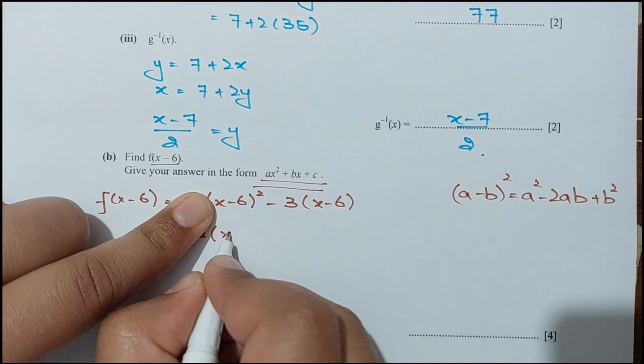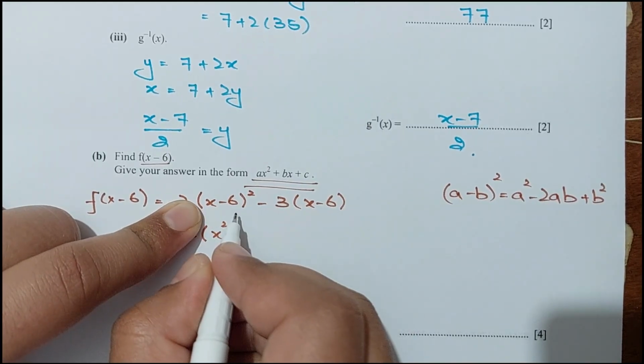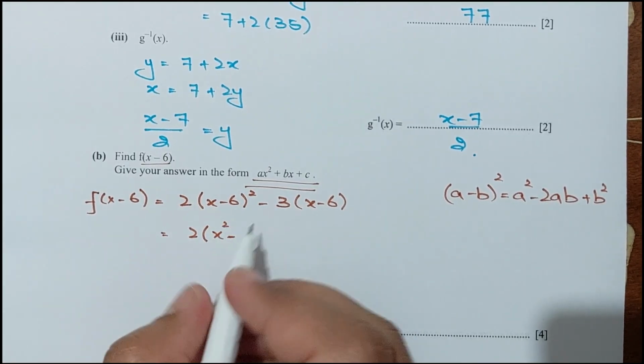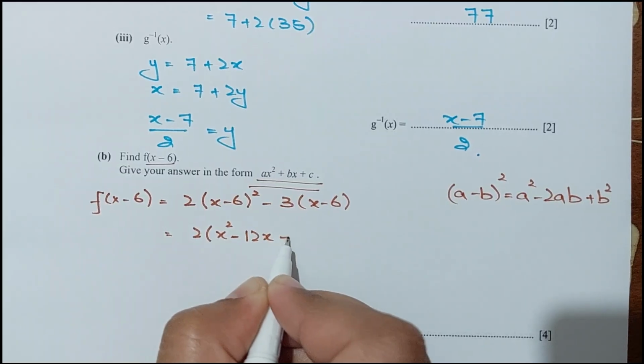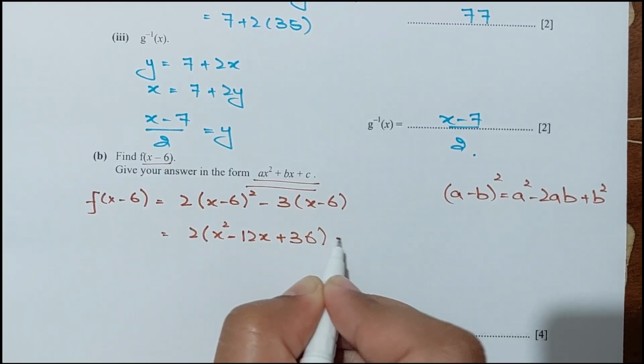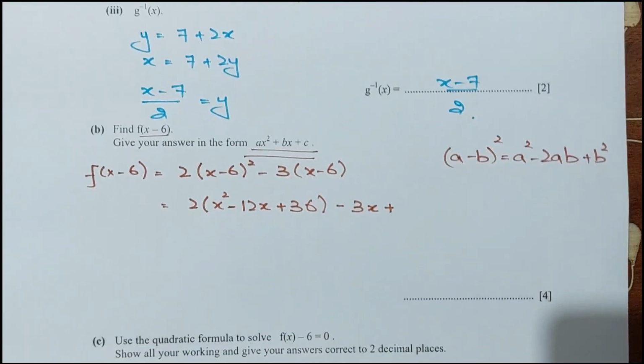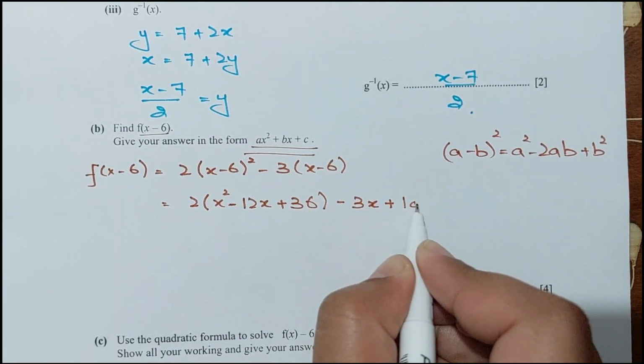First term square is x square, minus 2 times x times 6. 2 times 6 is 12x, plus the second term square, 6 square is 36, minus 3x. Negative times negative is positive, 3 times 6 is 18.